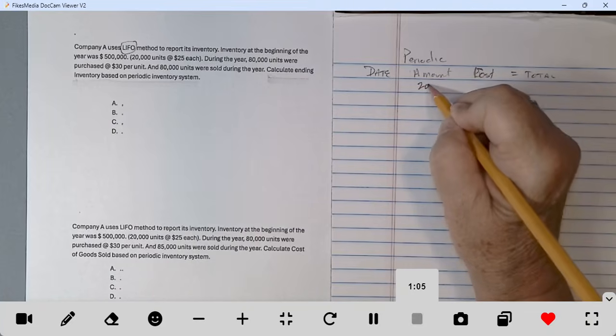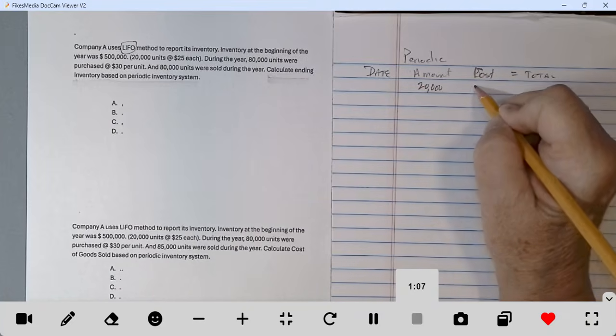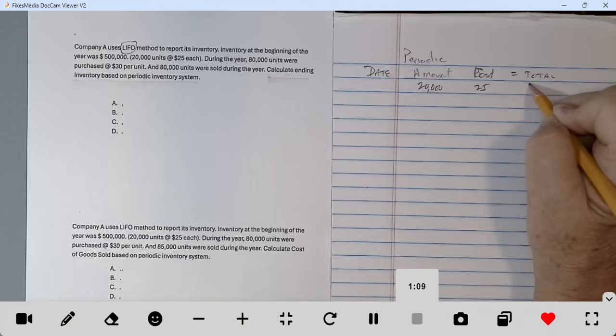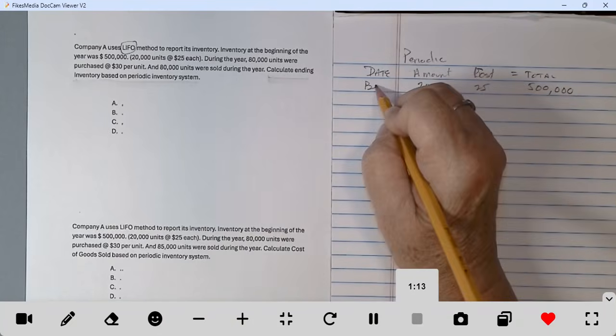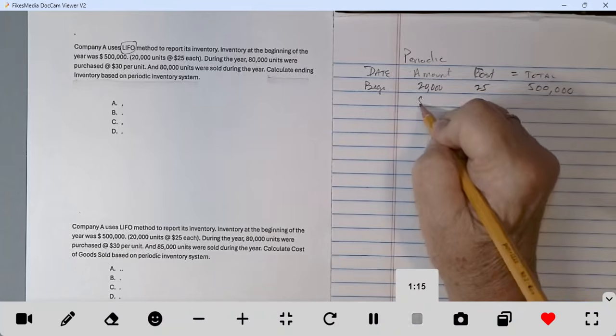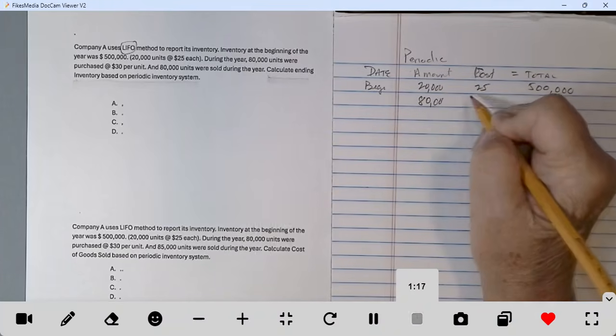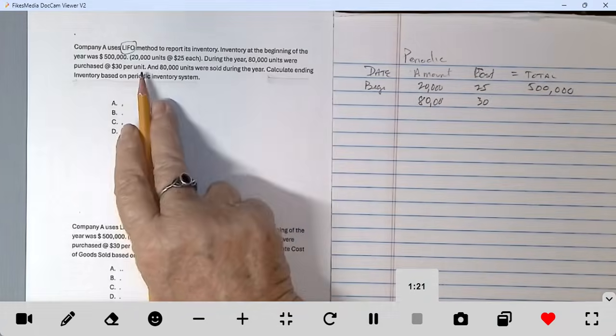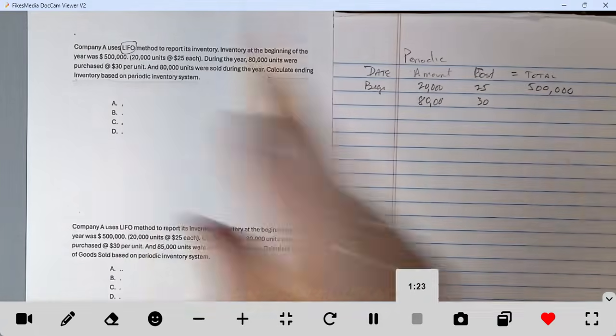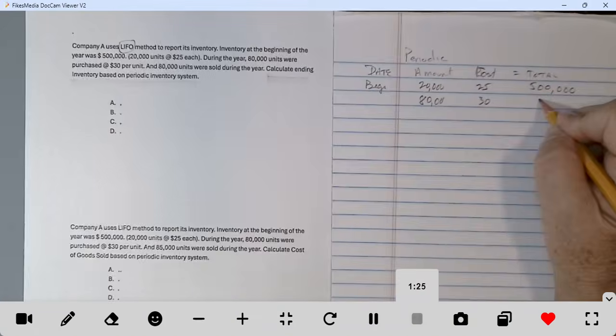I start out with 20,000 at 25, or 500,000. That's my beginning inventory. I added 80 and I paid 30 for it. Did it say it was just during the year? Okay.